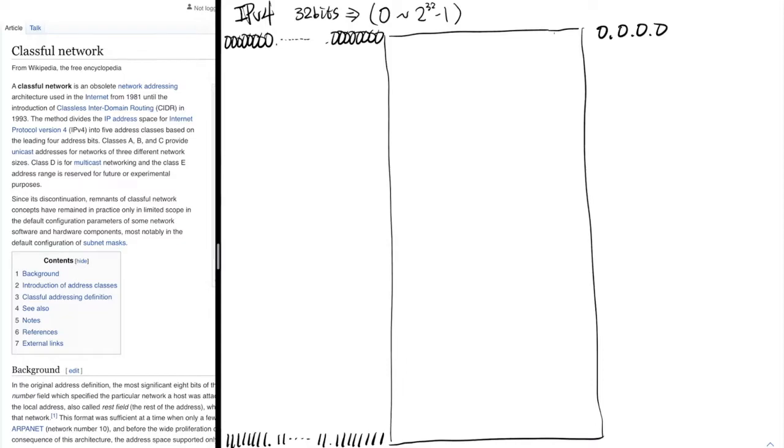So its corresponding decimal IP address should be this, and that is the last IP address that can be defined in IPv4.